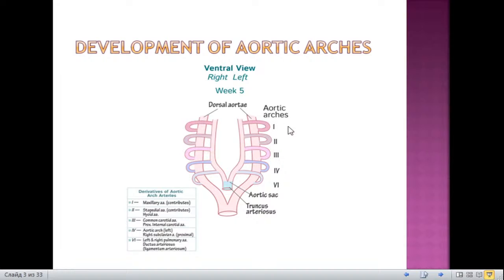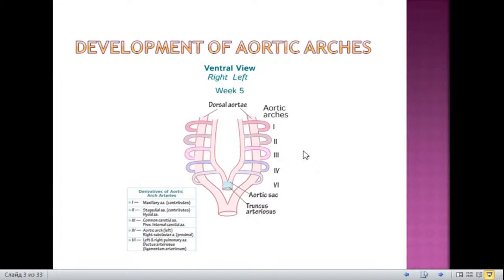Each arch is embedded into the corresponding branchial arch. And what do we see here? The first aortic arch becomes the maxillary artery. So now you know this artery as a branch of the external carotid.